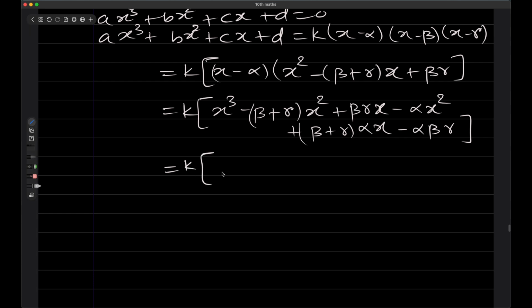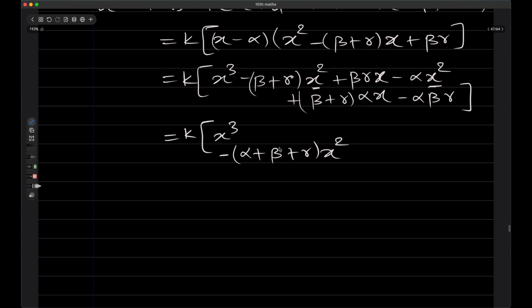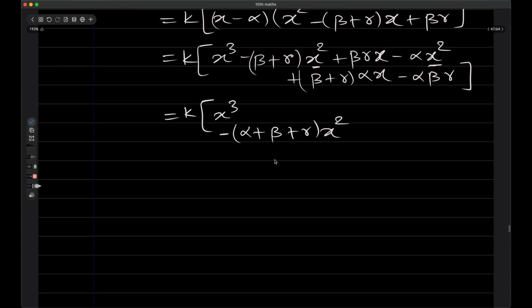If we combine x cube, x square, x and constant term, we will get x cube. X square terms are 2, that is minus of alpha plus beta plus gamma x square, plus 2 terms of x, that is alpha beta plus beta gamma plus alpha gamma x, and one constant term, that is minus alpha beta gamma.